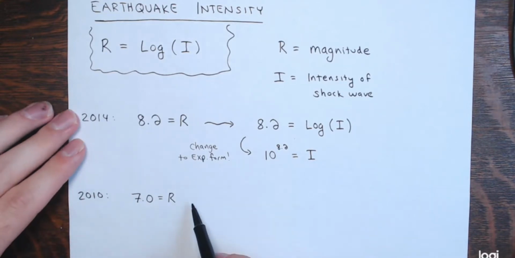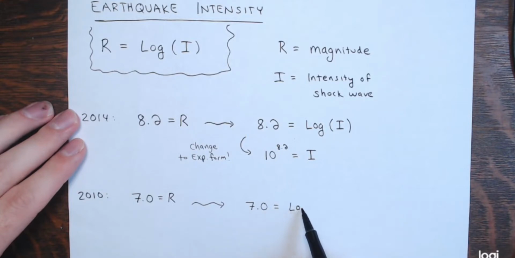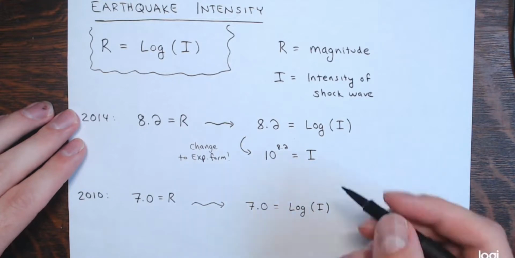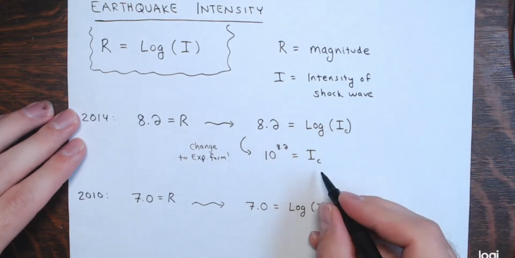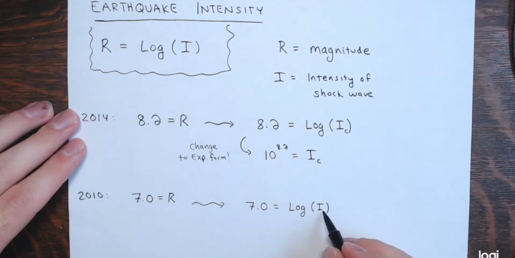And similarly for the 2010 quake in Haiti, we have the magnitude 7.0 is equal to the log of its intensity. I'll say this is I_C for Chile, and I'll call this I_H for Haiti. So the intensity of the Haitian earthquake was 10 to the 7th power.